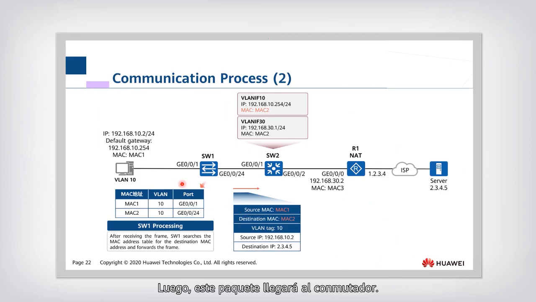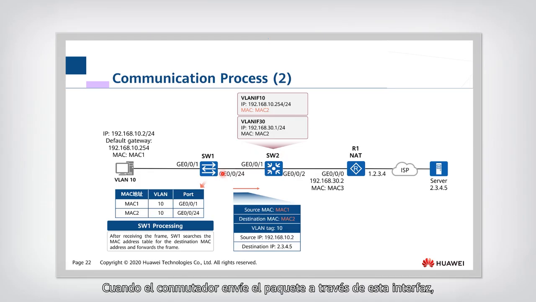Next, this packet will arrive at the switch. The switch will look up the MAC address table to see for this MAC address 2, which outgoing interface they should forward to. By checking this MAC address table, they know that they should go out from interface 24. So they will send the packet through this interface, and then it will arrive at switch 2.